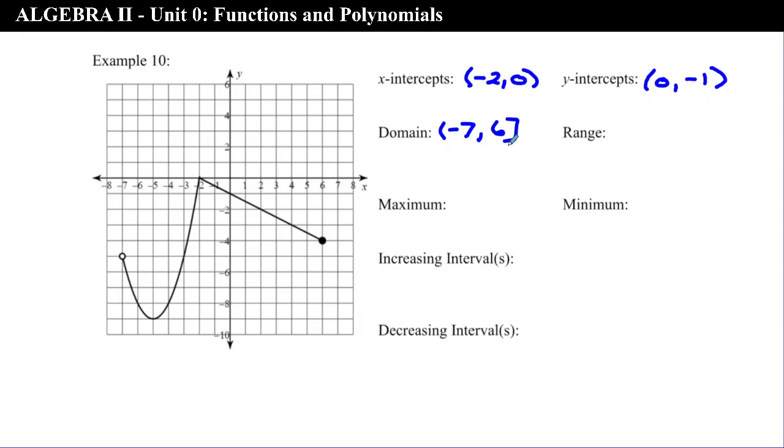Now, let's talk about the range. We're going along the y-axis, and we're going from bottom to top. So the lowest in the y that this function goes is along y equals negative 9, because this is the bottommost part of our function. Now we do include it because the graph actually touches negative 9.